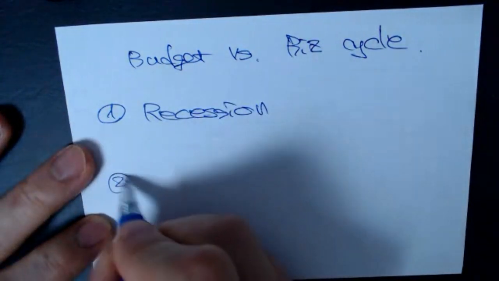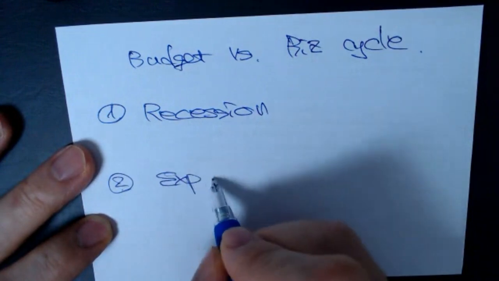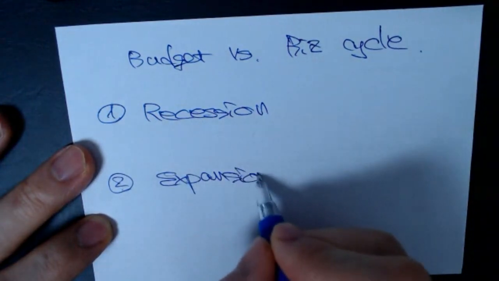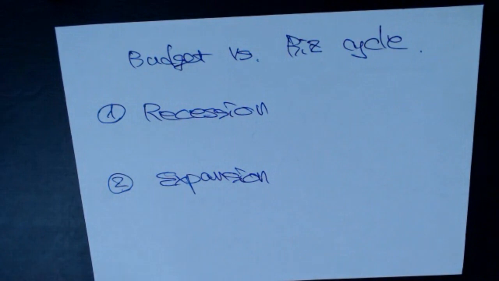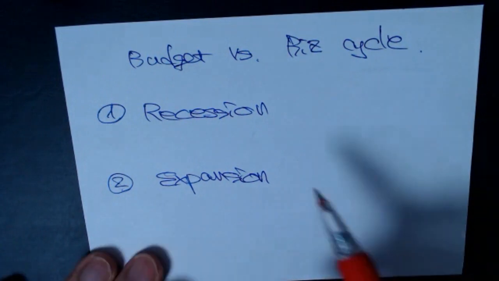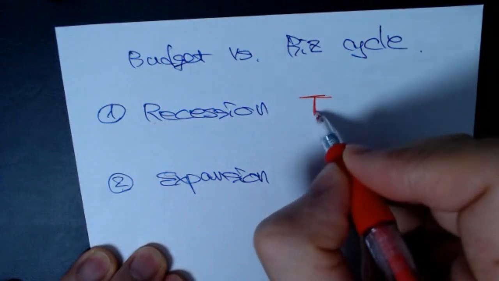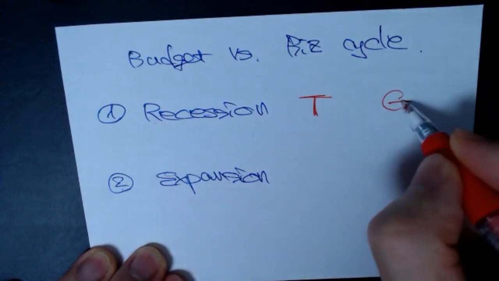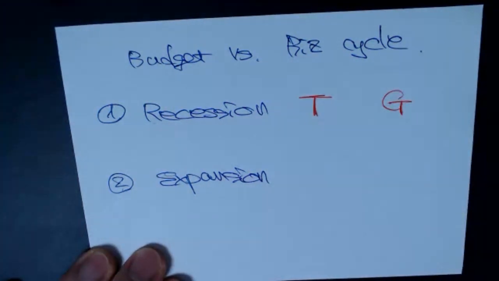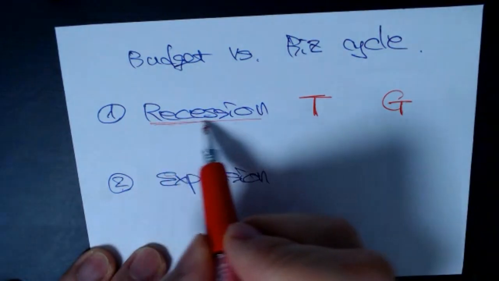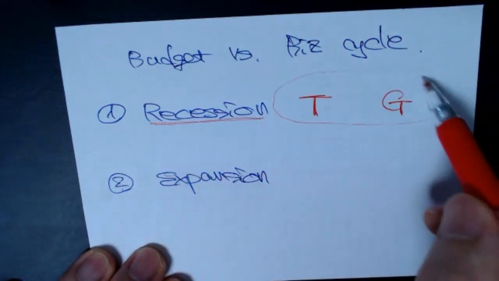We have two phases of the business cycle, recession and expansion. So try to think: during the recession, we have T, tax revenue, and government spending. What would happen to this amount during the recession?